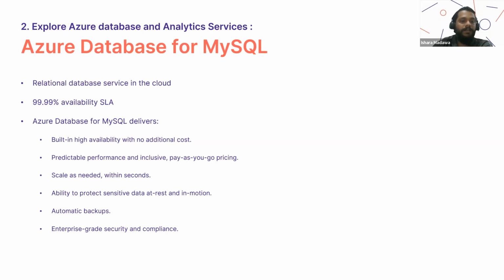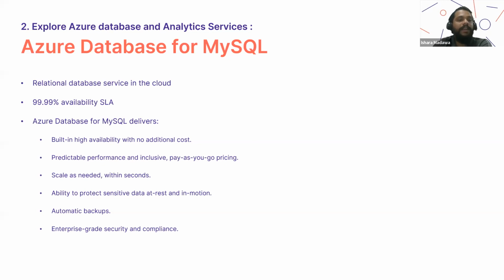Azure database for MySQL delivers high availability with no additional cost, and it's pay as you go pricing, and you can scale within seconds, and it also provides automatic backup and enterprise-grade security as I mentioned earlier, and no need to manage virtual machines or any infrastructure because it's a platform as a service.